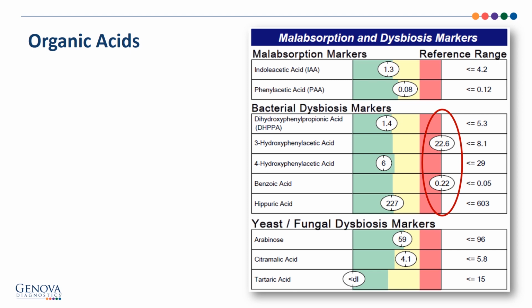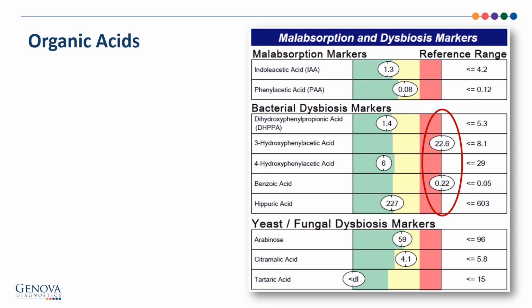You see, for example, an elevation of the 3-hydroxyphenylacetic acid and the benzoic acid. So with the 3-hydroxyphenylacetic acid, for example, we know that there are various nutrients that are related to this particular organic acid. Things like wine and grapes and cranberries and black tea and orange juice, grapeseed extract.